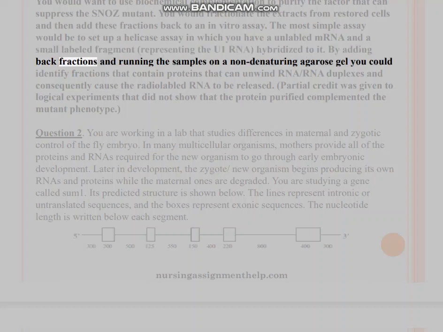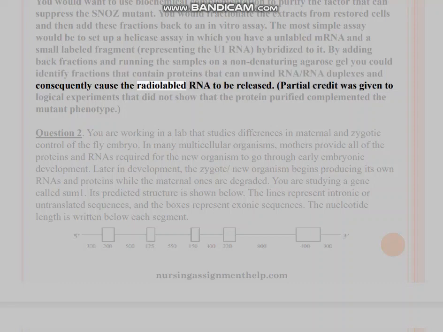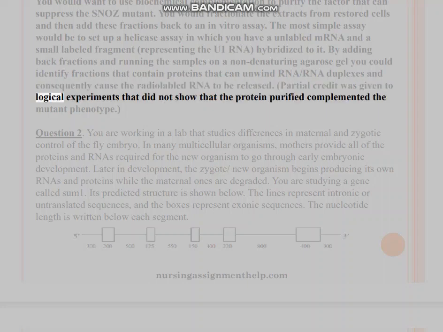By adding back fractions and running the samples on a non-denaturing agarose gel, you could identify fractions that contain proteins that can unwind RNA/RNA duplexes and consequently cause the radiolabeled RNA to be released. Partial credit was given to logical experiments that did not show that the protein purified complemented the mutant phenotype.